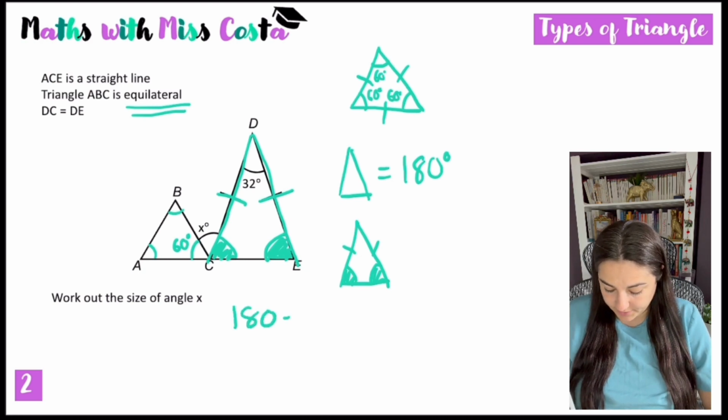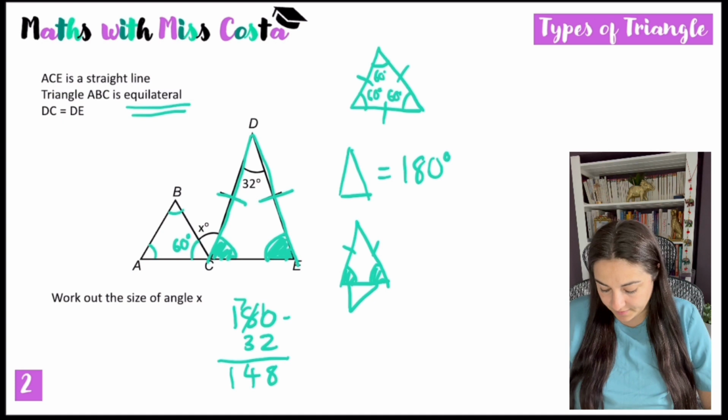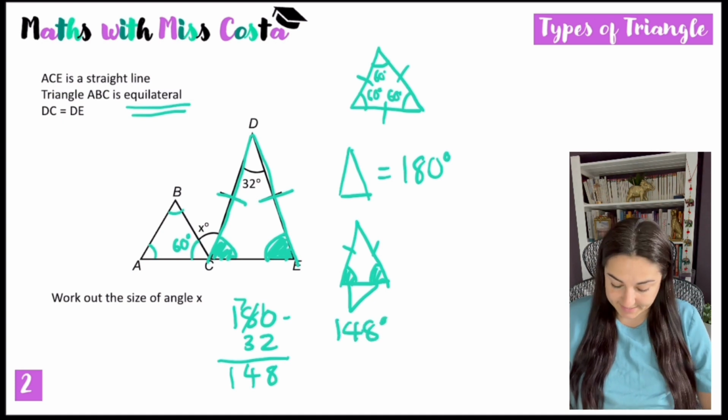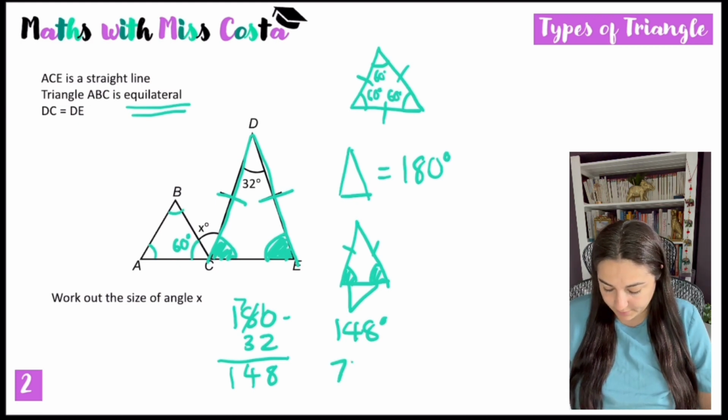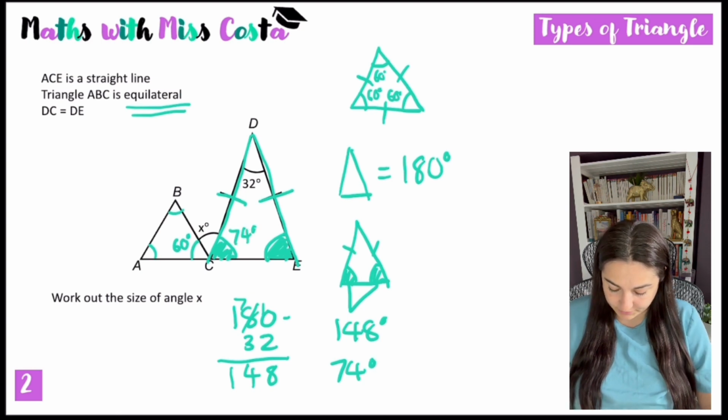So I could do 180 take 32, which gives me 148 degrees. So I know that these 2 base angles must add to make 148 degrees. If they are both equal, I just do 148 divided by 2, which would give me 74 degrees. So I know that angle here is 74 degrees.